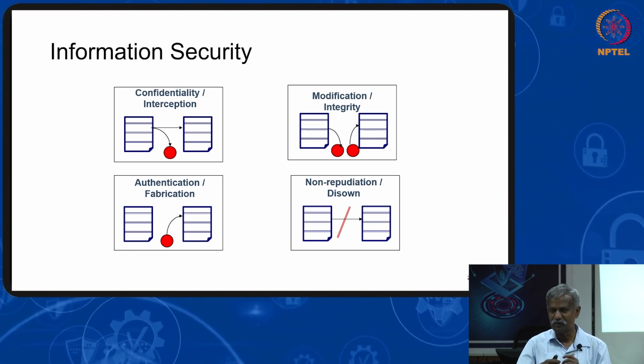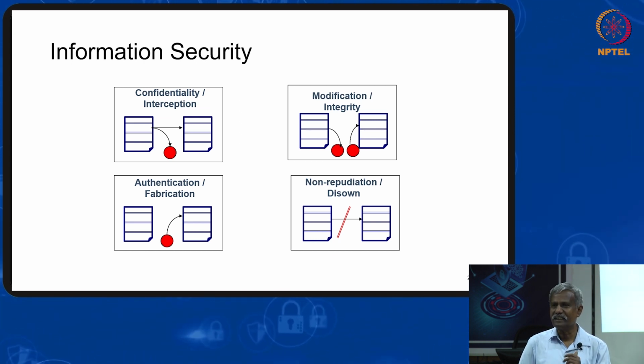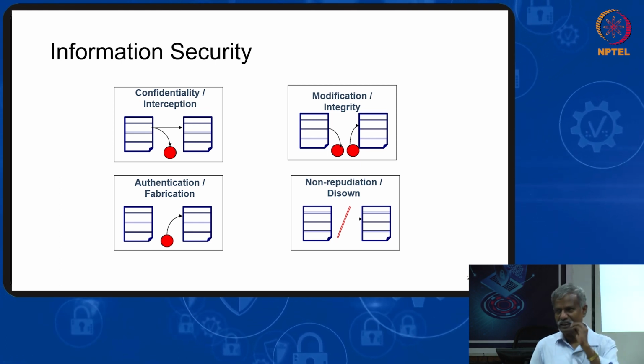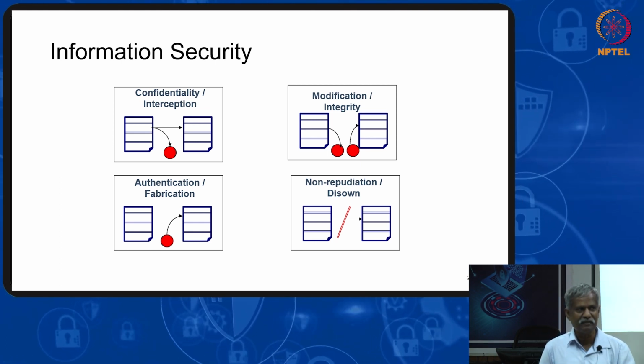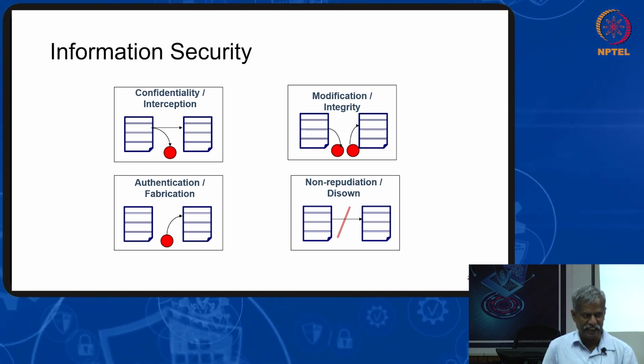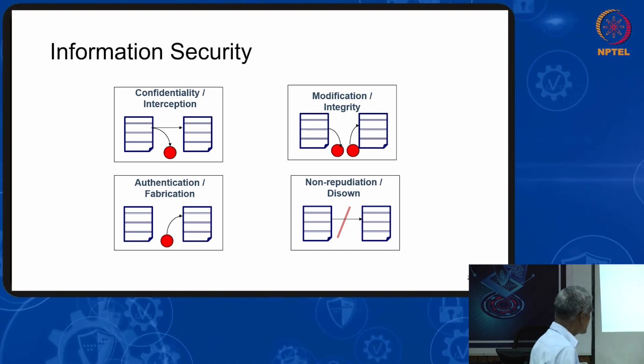Like that, he will try to deny the message. That is called non-repudiation. You should not allow a person who is sending a message to escape by denying. He will try to deny, and we have to say that you have sent it. These are all the 4 security goals.